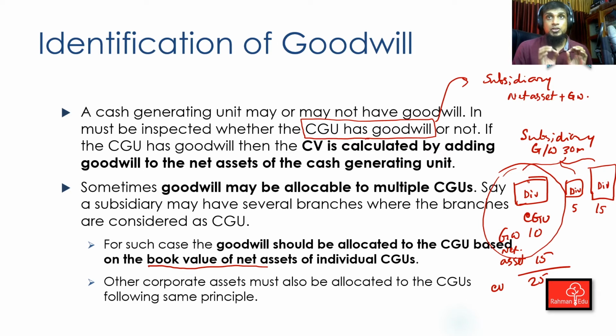So for a cash generating unit, be careful about goodwill or allocated goodwill, and also allocated corporate assets. Cash generating unit examples: subsidiary, associate, joint venture, branch, division, things like that.